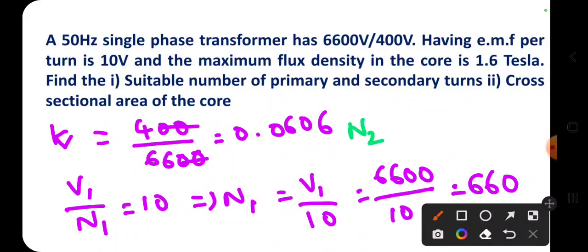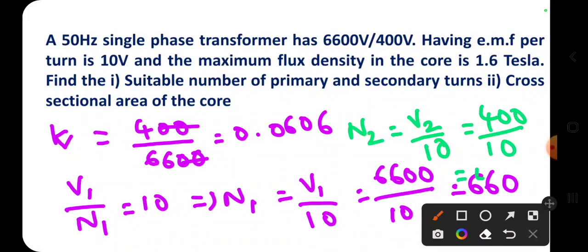N2 is equal to V2 by 10. V2 is 400, so 400 by 10. This will be 40. So how many turns are there in the primary? 660. How many turns are there in the secondary? 40. Yes, very good. This first bit is over.